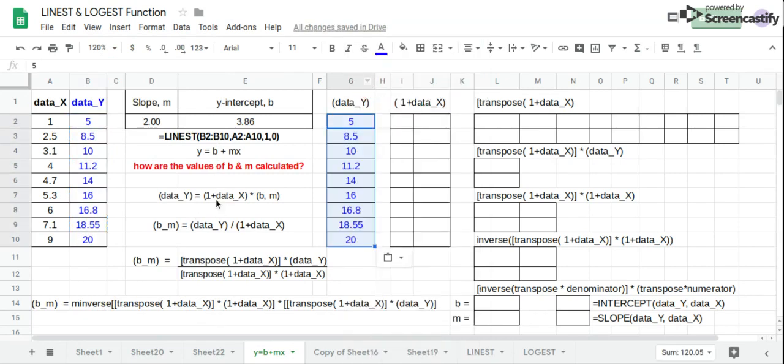And 1 plus data x is determined by factoring out b and m. So in the expression b plus mx, we factor out b and m as a different matrix. That leaves the 1 plus data x matrix, which can come from this range.